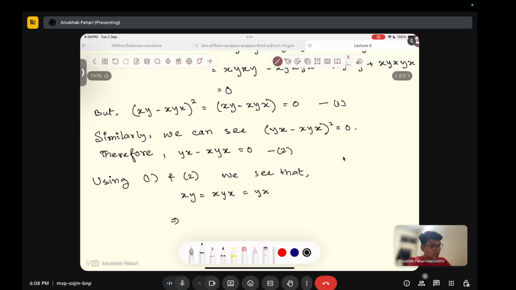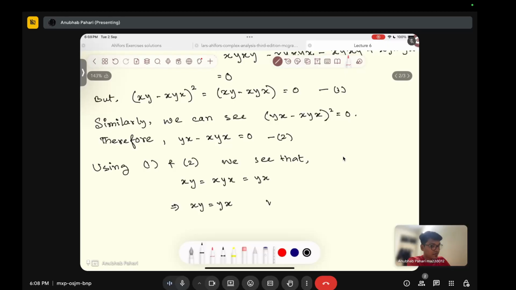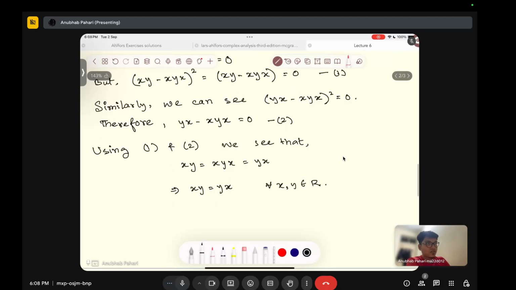This implies xy equals to yx for every x, y belongs to R. Hence R is a commutative ring.